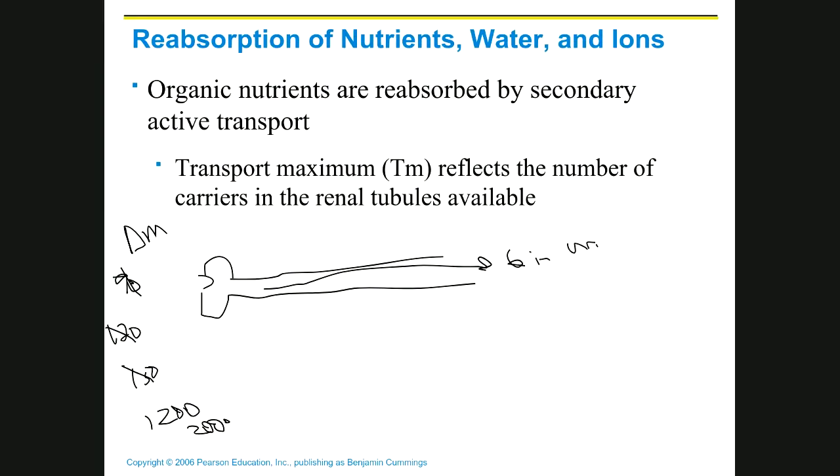Well, remember, water follows solutes, and those glucoses are solutes. And look what happens. When this glucose gets down here, it sucks water back into the tube. So what happens to urine volume?